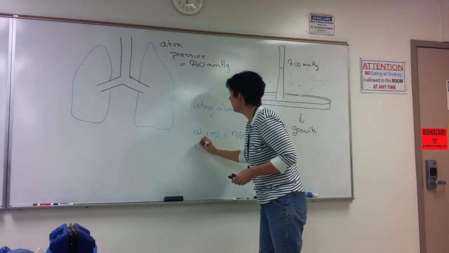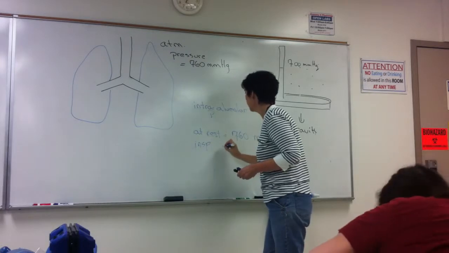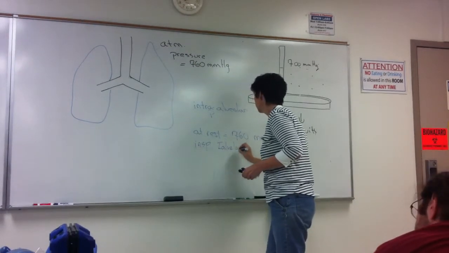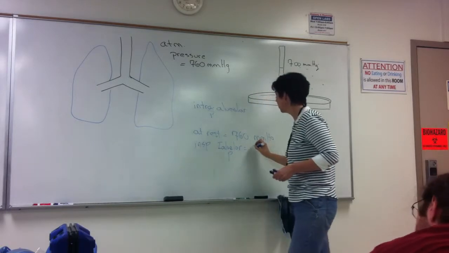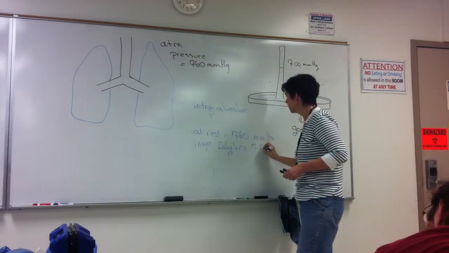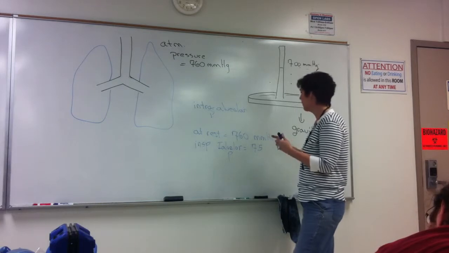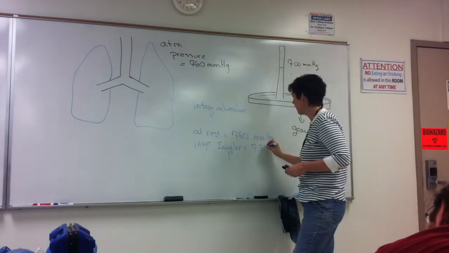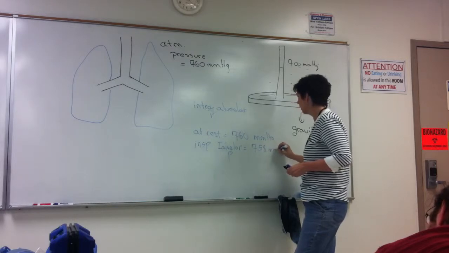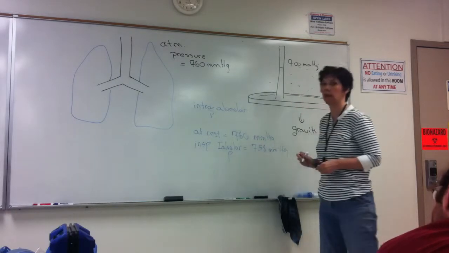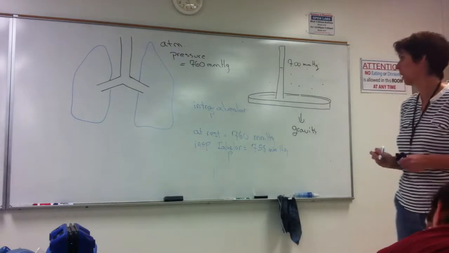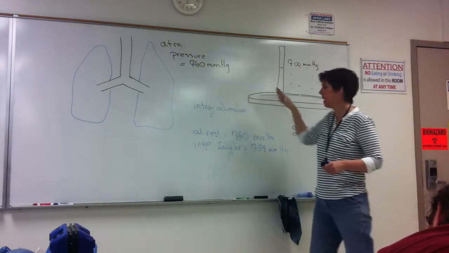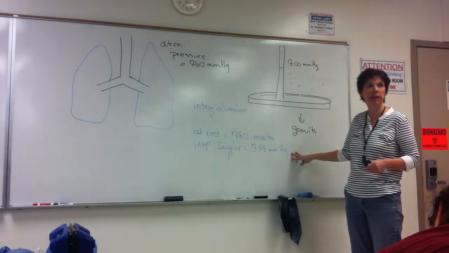With inspiration, intraalveolar pressure usually only moves about 2 or 3 millimeters, so we'll put it down here at about 758 millimeters of mercury. It can go a little bit lower with deeper breaths. So now atmospheric pressure at 760 is greater than intraalveolar pressure.